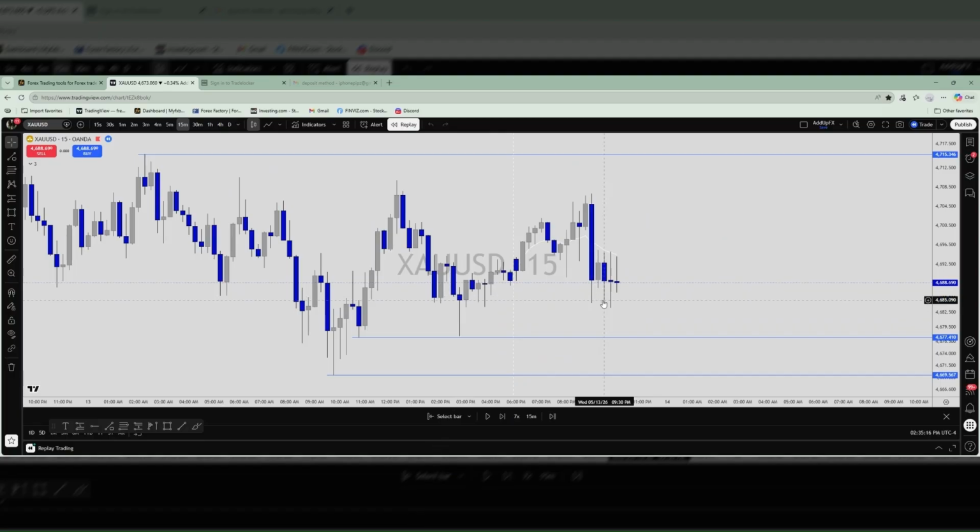It's real indecisive pretty much. But it did leave this little fair value gap. I'm looking at the legs like this, right? So that's pretty much a range.